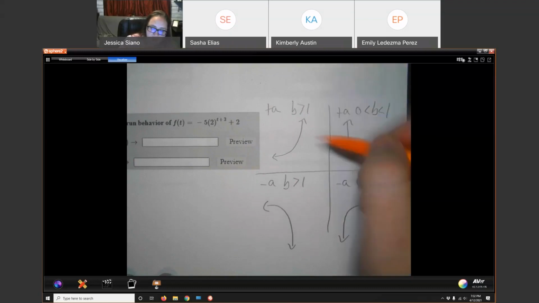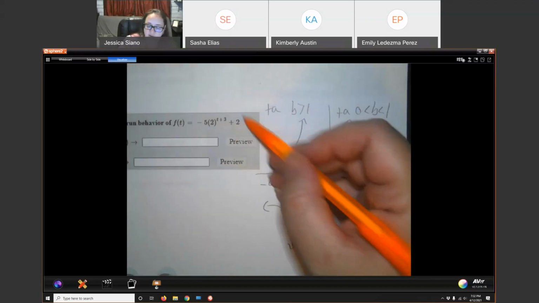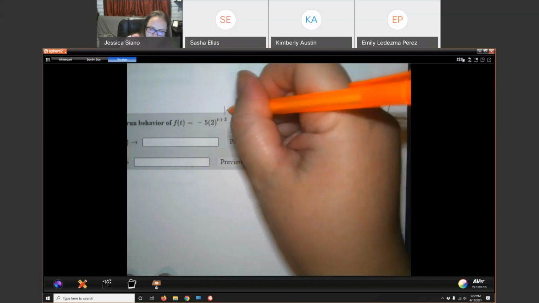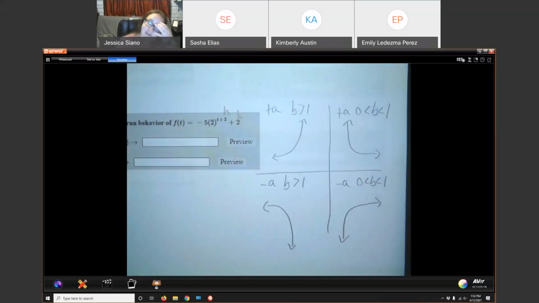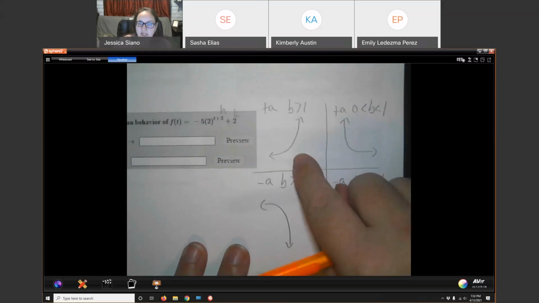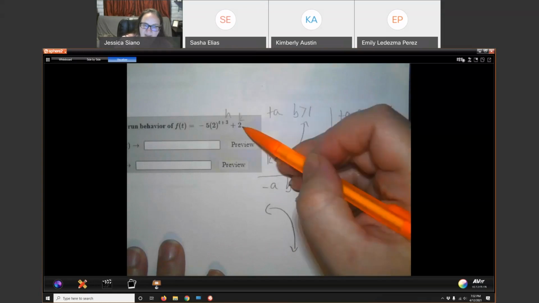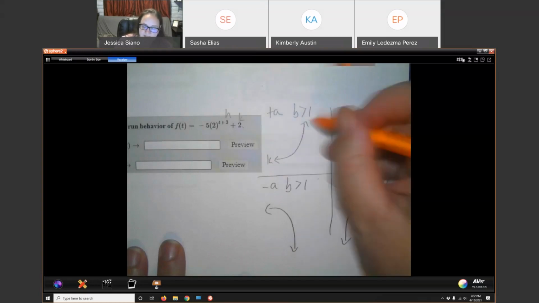And so here, if we think about this in terms of our transformation rules, this would be my h value and this would be my k value. I don't know if you remember that from transformations, where the h is what's in the parentheses, k is what's on the outside. When we're looking at these, in this situation your left-hand end behavior is always whatever that k value is, and the right is infinity.